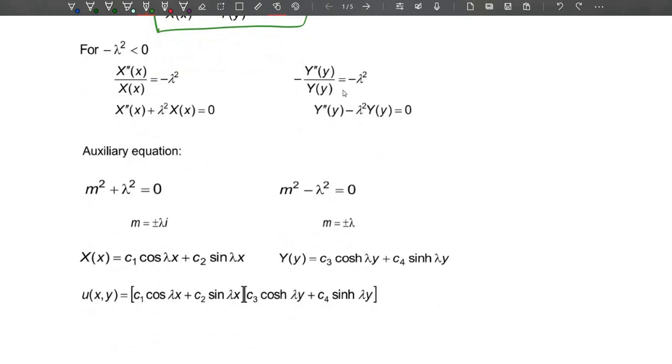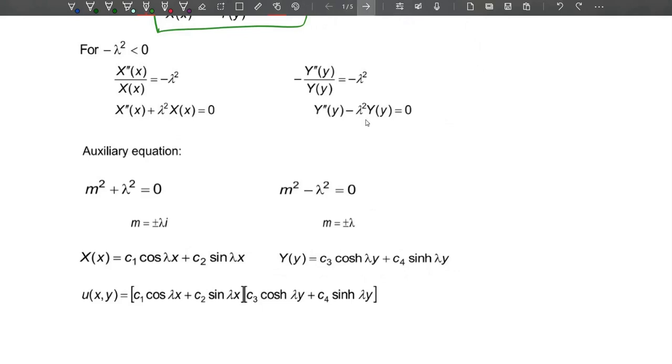For the terms of y, it leads to this auxiliary equation, where m equal to plus minus lambda. Therefore Y of y equal to c3 cosh lambda y plus c4 sinh lambda y. Hence we have u(x, y) equal to X of x multiplied with Y of y.